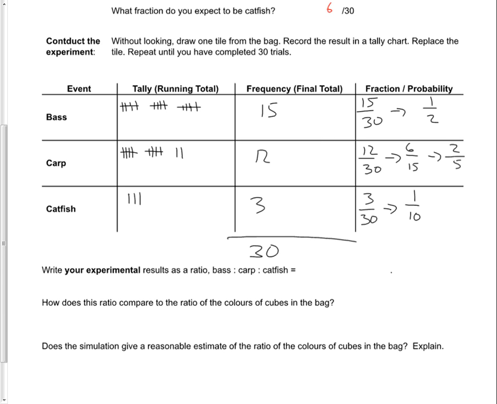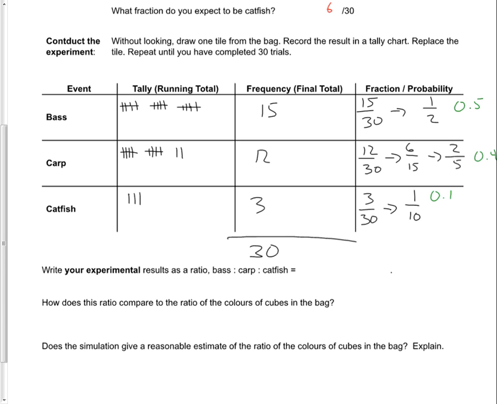If I want, I can also convert them into decimals and into percentages. As a decimal, 1/2 is 0.5. 2 over 5 as a decimal is 0.4. And 1 over 10 as a decimal is 0.1.